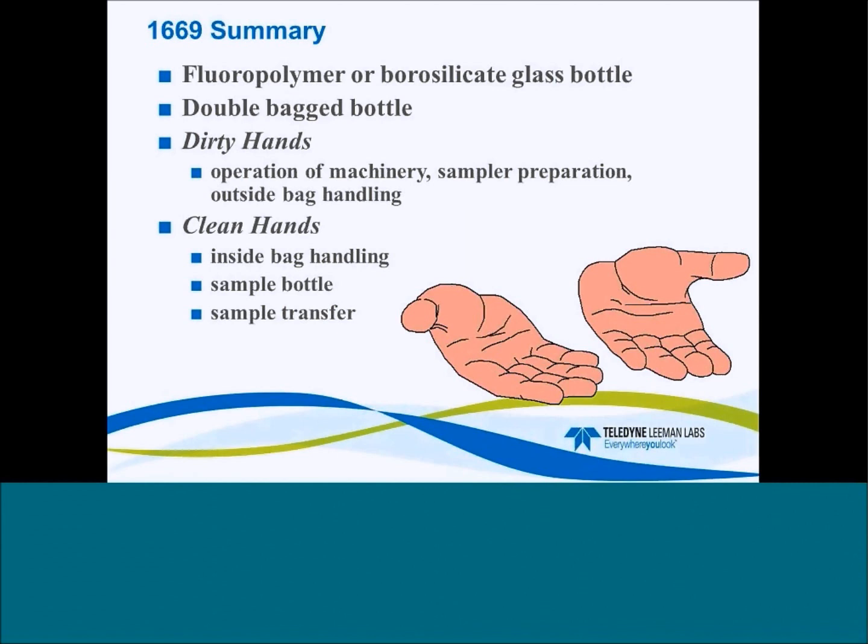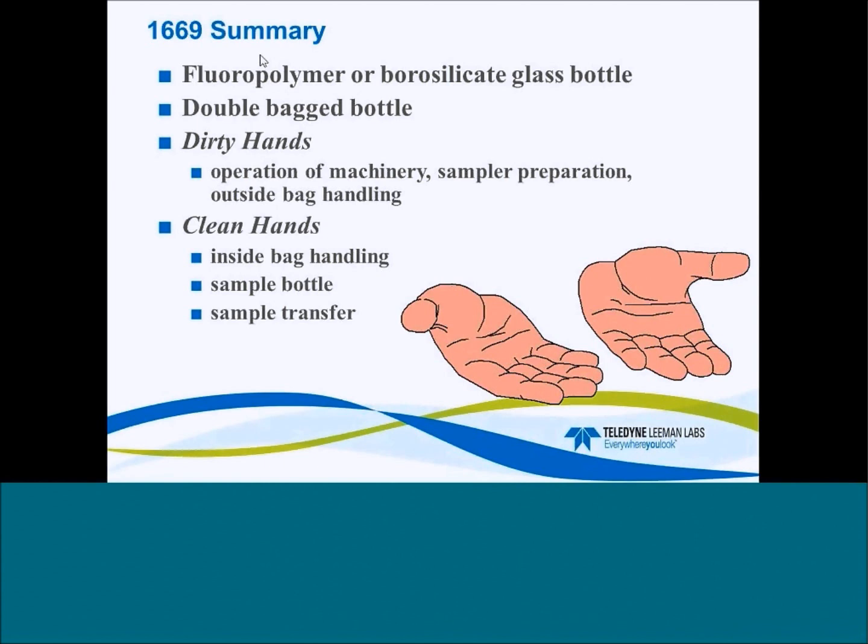Just a quick look at the sampling procedure. Originally, this was set up for two people. One characterized as a dirty hands person who handled all of the machinery and outside paraphernalia, and one who was a clean hands guy that only handled the inner bags and the sample itself.